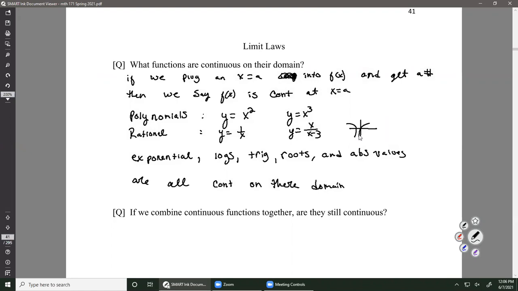It has to be on its domain. And our square root function only looks at the real numbers when we take the square root. So normally square root functions look something like that. They might not exist somewhere, but on their exact domain, they do exist, and they are continuous. There's no jumps, no holes.